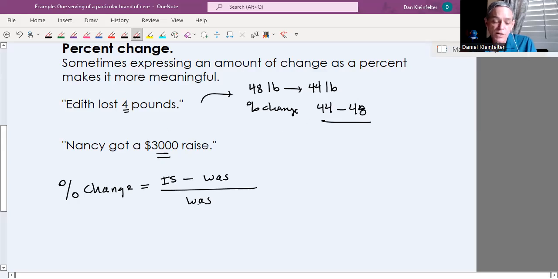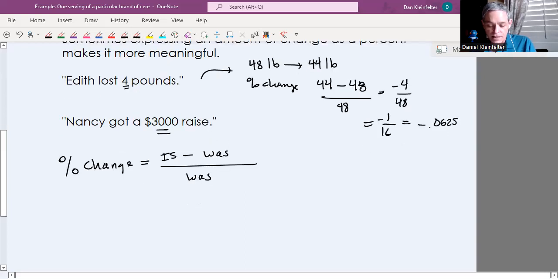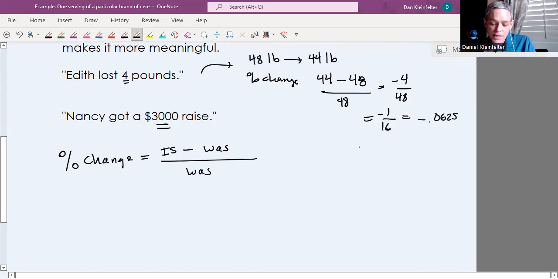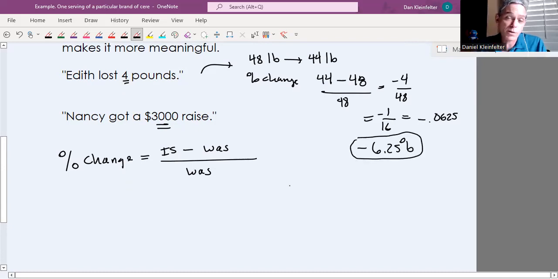You want to make sure that it is the former amount, not the current amount. She used to weigh 48 pounds. Okay, so that's a decrease of 4 out of 48. And if you simplify that, that's negative 1/16. And we can turn that into a decimal. That will be negative 0.0625, I think. And then turning that into a percentage, that's negative 6.25%. So she lost about 6.25% of her body weight.